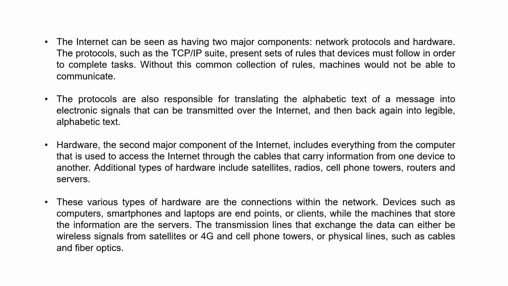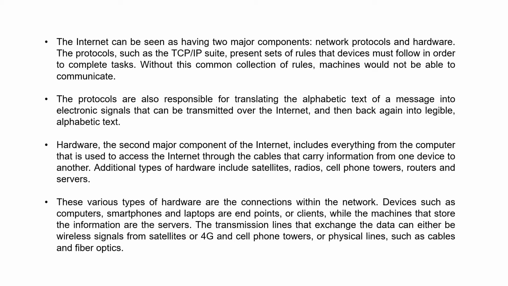Another important responsibility of protocols is translating the alphabetic text of the message into electronic signals. Then only it can be transmitted over cables. So that thing is done by the protocols, which translates the text into electronic signals over the internet, and then back again to the text at the receiving end.